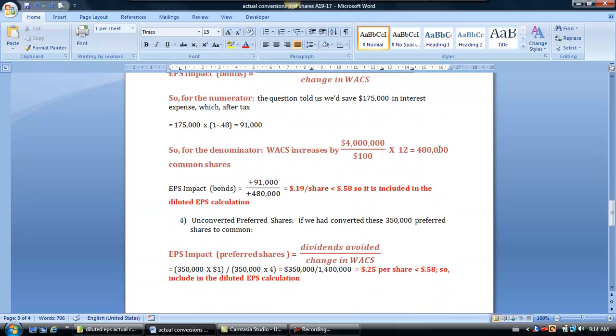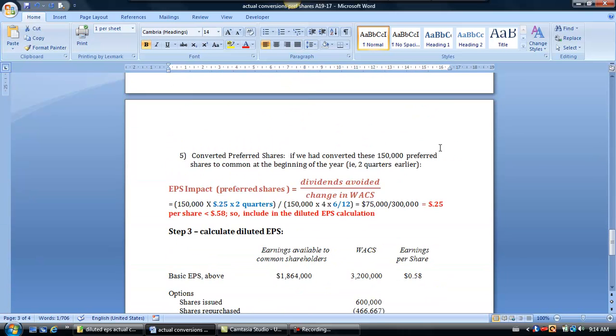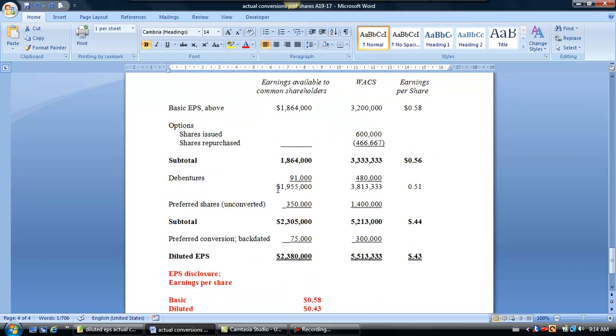Up here, right? We would have said 480,000 more shares are out there, right? So now we would have a subtotal of 3,813,333 shares, which is now going to give me a subtotal of 51 cents a share, dividing our cumulative earnings available under the if converted method, dividing that by our WACs, number of common shares that would have been outstanding if those options and if those debentures or bonds had been converted.